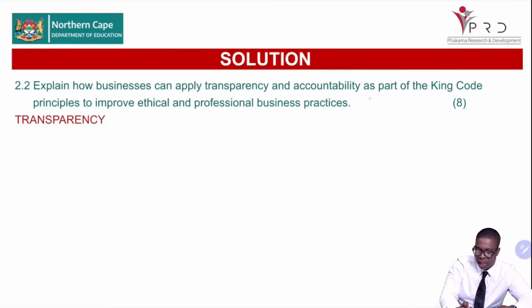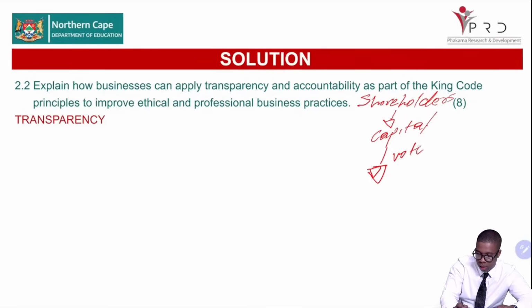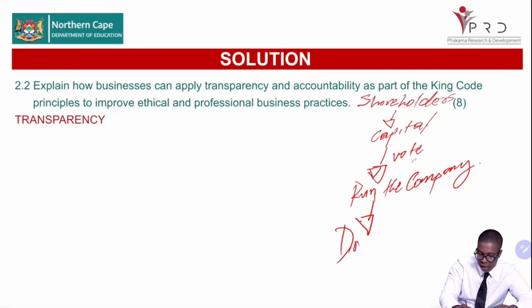So basically, I will have to draw this model to say we have shareholders who contribute capital. Thereafter, they vote, voting to decide who is going to run the company. And the company is run by a director.